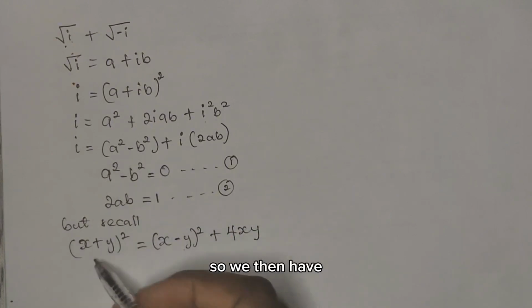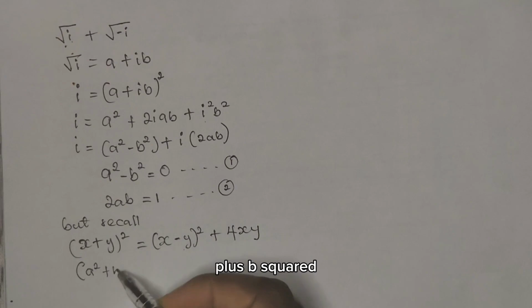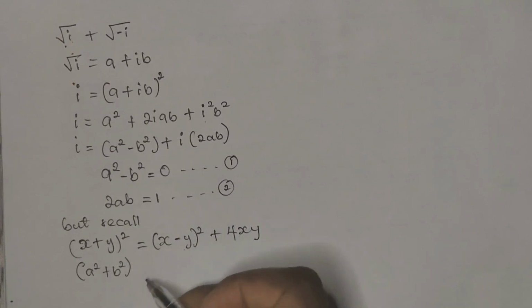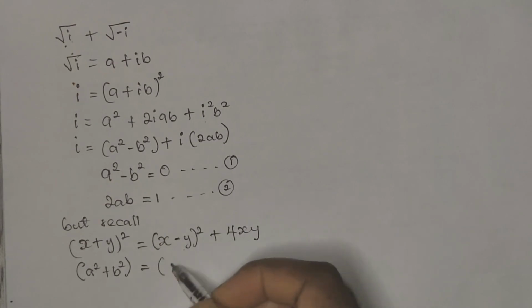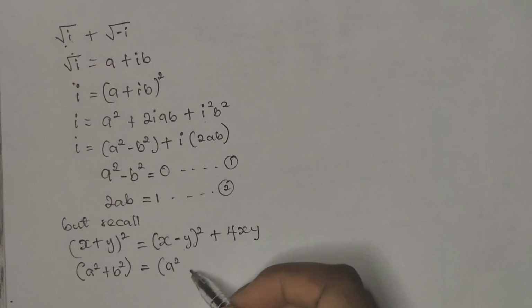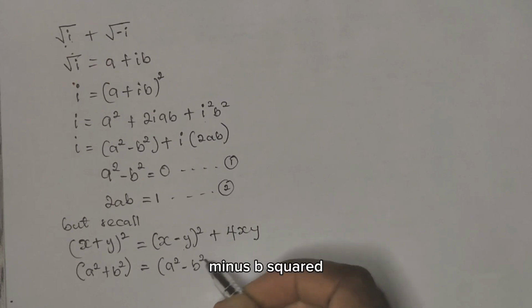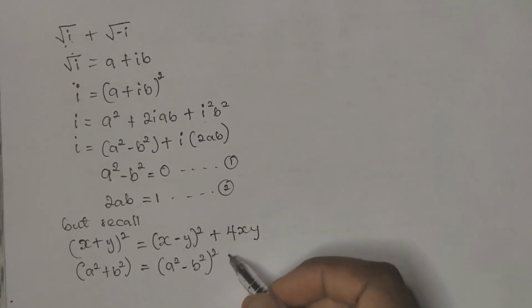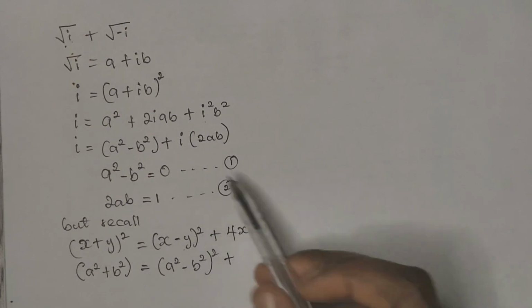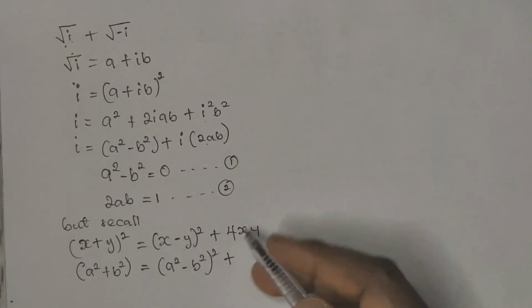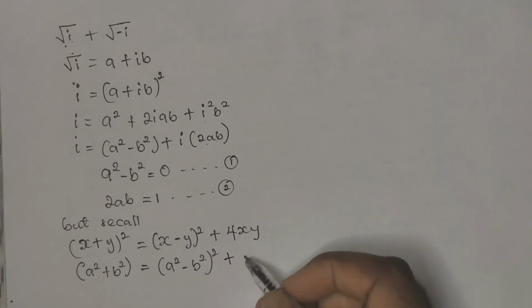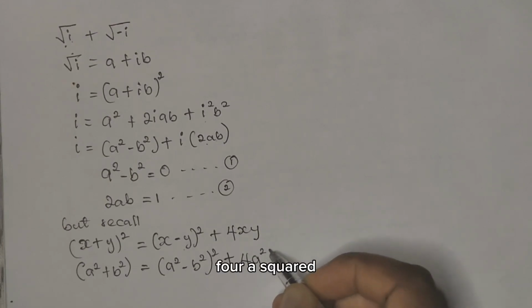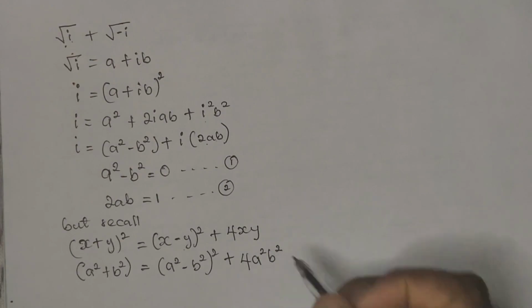So we then have a squared plus b squared, which gives us (a squared minus b squared) all squared plus, remember this is 2ab, 4a squared b squared.